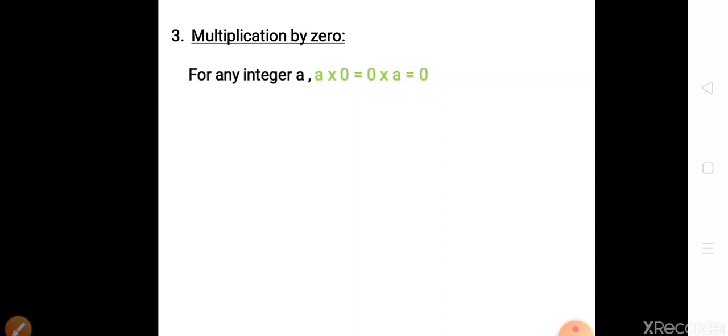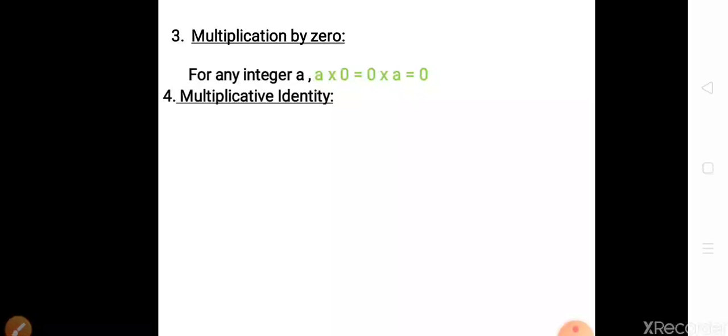Then next we have the multiplicative identity. This is something that you have to recall from your previous class. In your previous class you learnt about additive identity, right? And here we have the multiplicative identity. What is multiplicative identity?